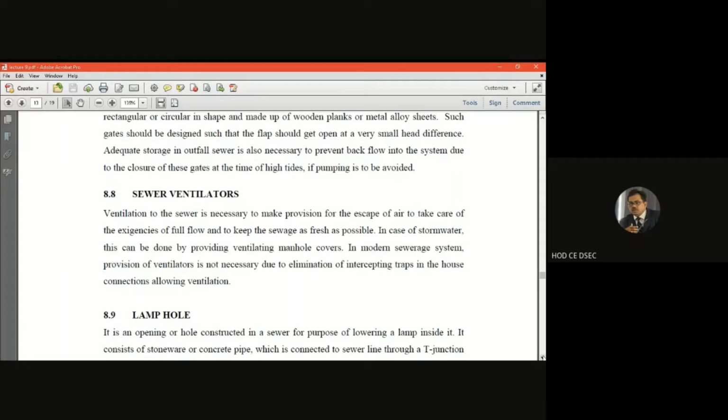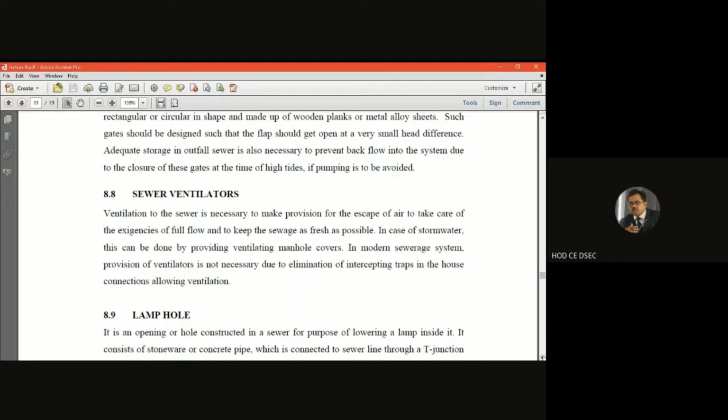Now, in case of storm water, as this is not sewage, there is no question of foul gases. So ventilation can be provided by ventilated manhole covers, with natural air ventilation through them. In case of storm sewers, there is no problem.